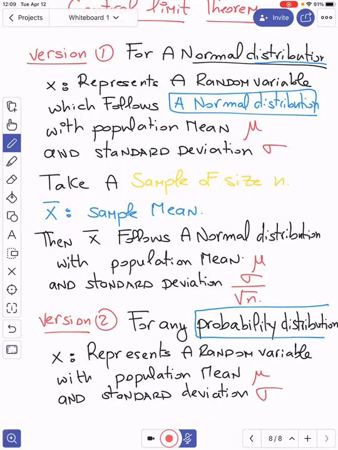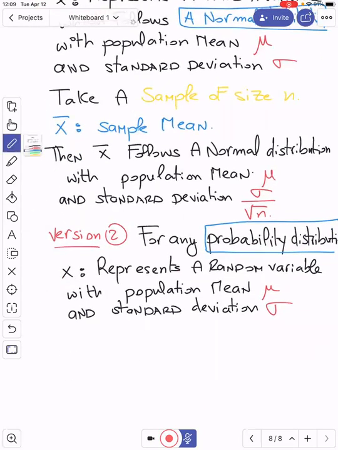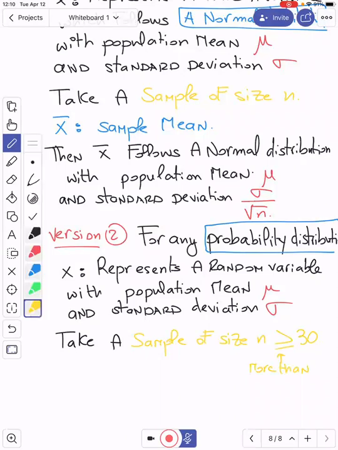The second difference is that when you take a sample here, the sample has to be of size n larger than 30. Otherwise, you can't approximate your X bar using a normal distribution.